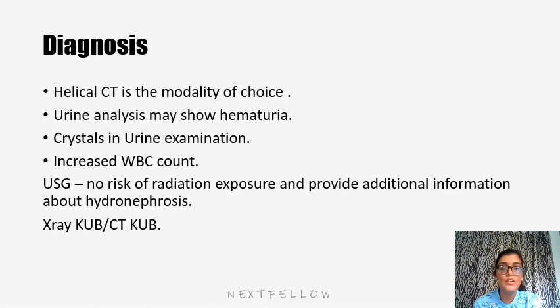USG has no risk of radiation exposure and provides additional information about hydronephrosis. In case of an obstructive stone, the USG will tell you if there is hydronephrosis. If the stone is obstructive, there will be reflux of urine, and the entire kidney will get damaged. Also, you can do X-ray KUB or CT KUB, which is done the majority of the time today.